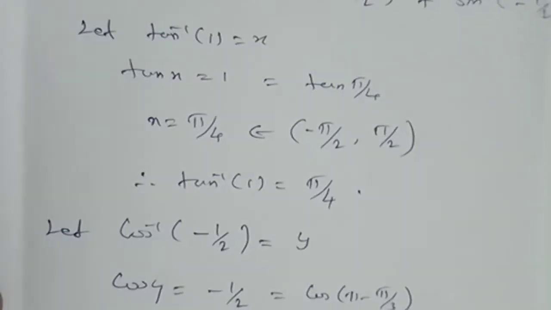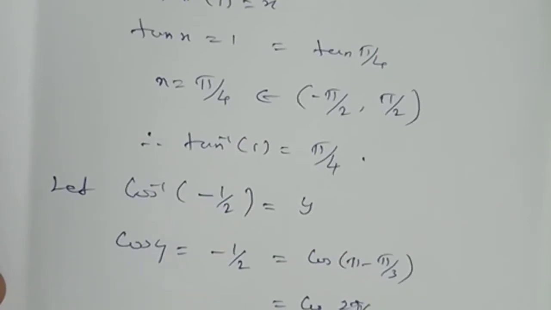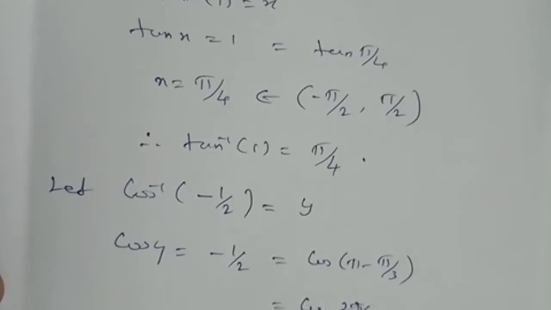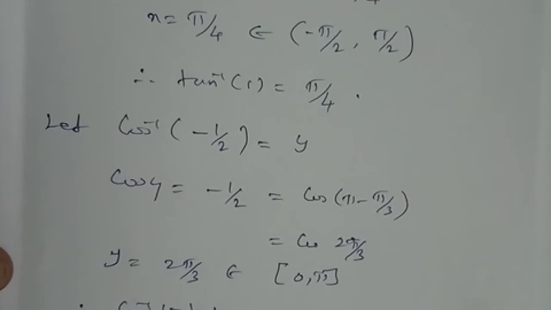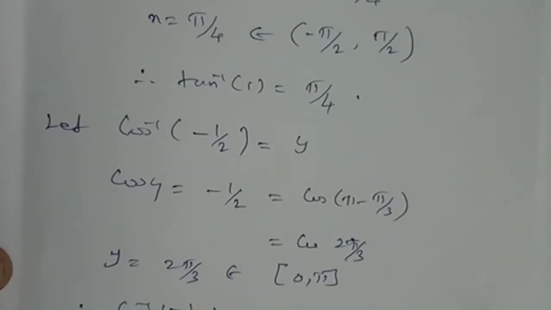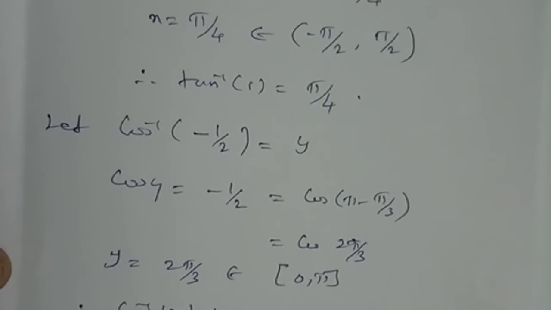The next one, let sin inverse of minus 1 by 2 be equal to z. So sin z is equal to minus 1 by 2, which is equal to minus sin pi by 6, equal to sin of minus pi by 6.